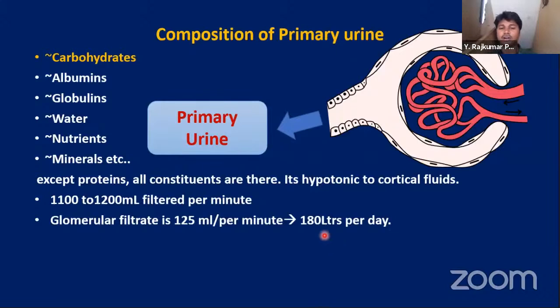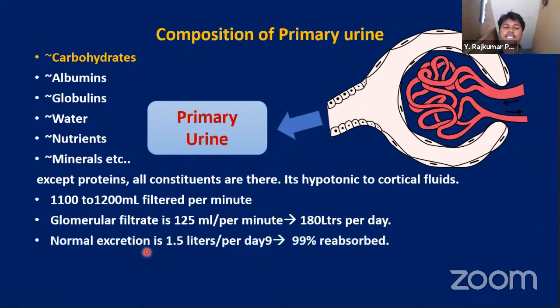But we only excrete 1.5 liters, isn't it? All the rest of the primary urine which is formed will be reabsorbed. Normal excretion is just 1.5 liters per day, and 99% of the liquid is reabsorbed.